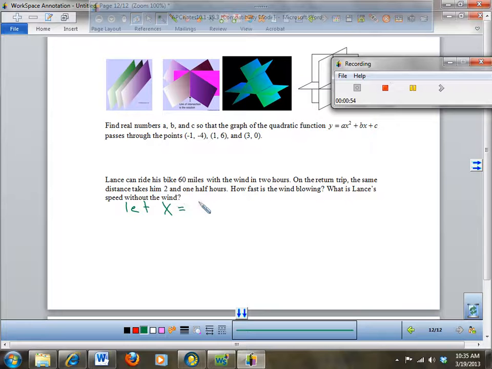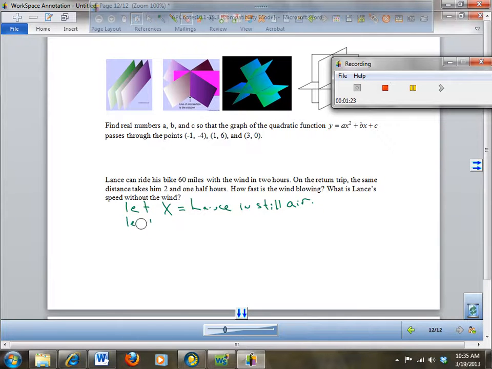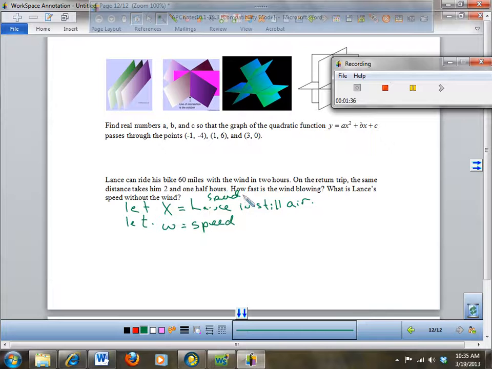Let x equal the speed of Lance in still air, and let w equal the speed of the wind.